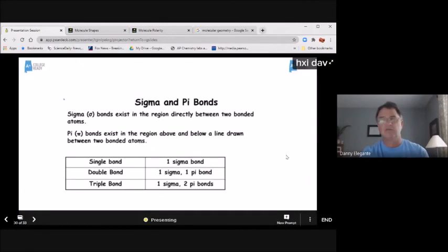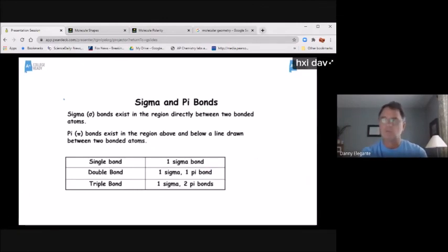And the last thing that we need to talk about is sigma versus pi bonds. So here's what I want you to imagine. A sigma bond is where you have an orbital with electrons in it, and another atom has an orbital with electrons in it. And instead of jamming them together, they let the regions overlap. If you're looking at my camera right now, it's like the 2 regions of electrons overlap.